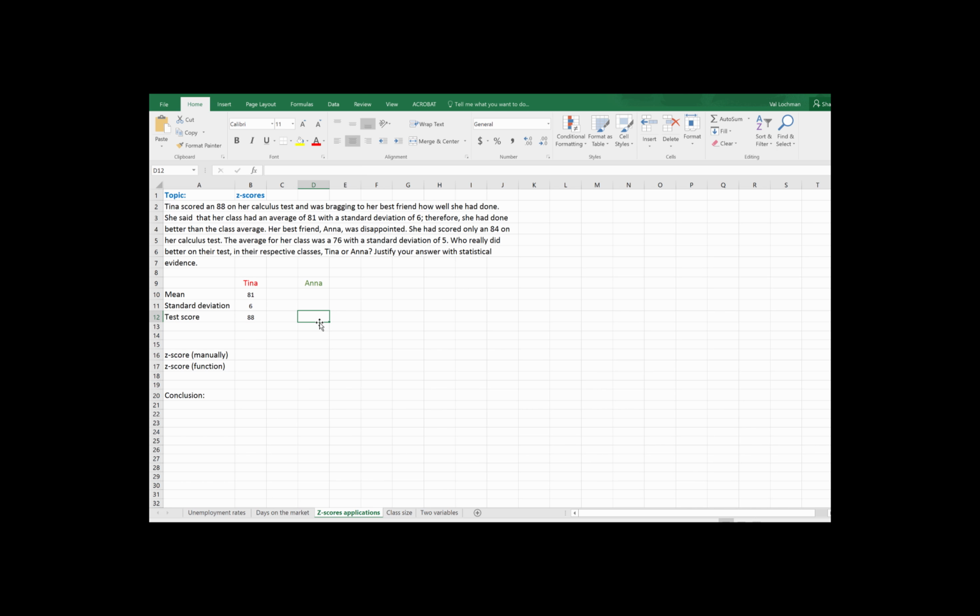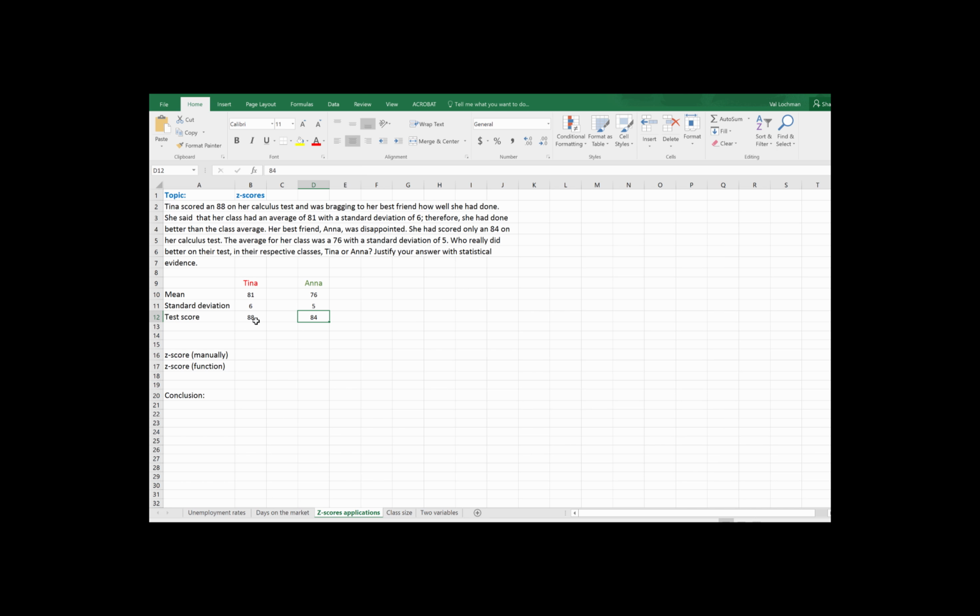What about Anna's situation? Anna scored 84 with the mean being 76 and the standard deviation being 5. Okay, did Anna also score better than the average in her class? The answer is yes, but if you take a look, Anna's score is actually smaller, right?